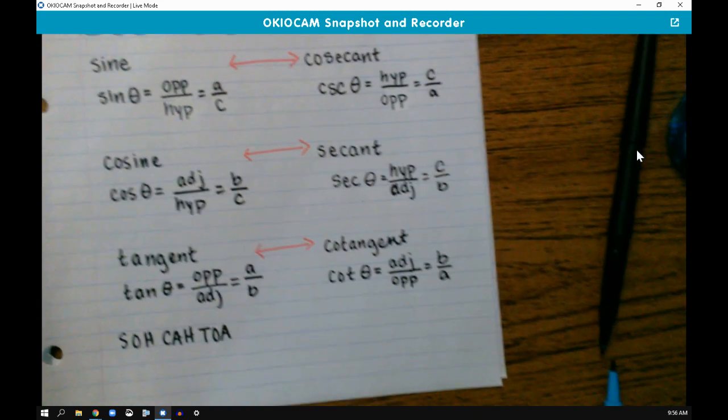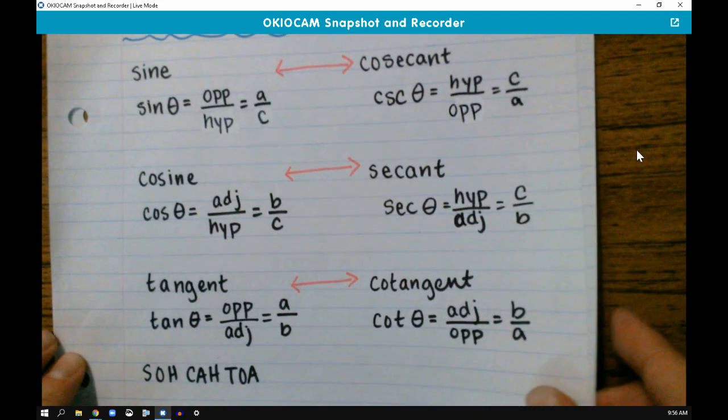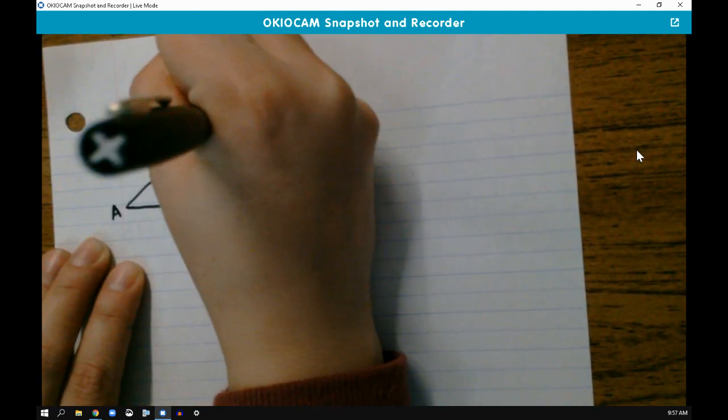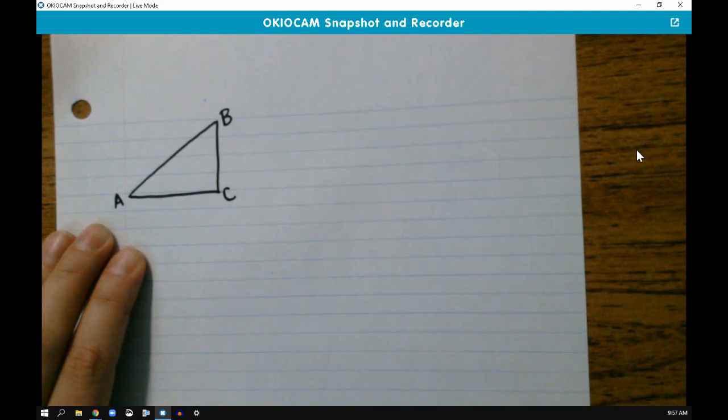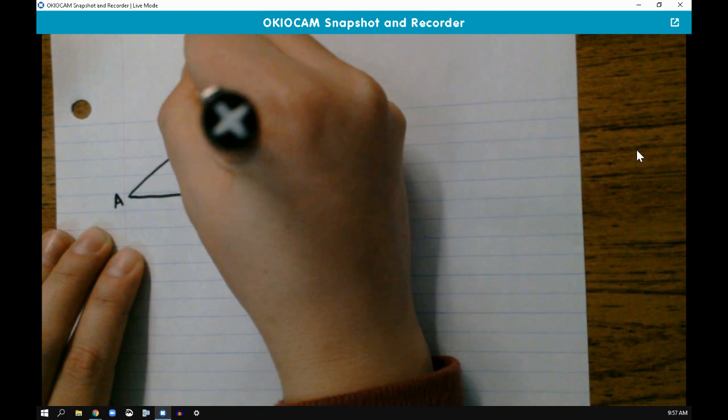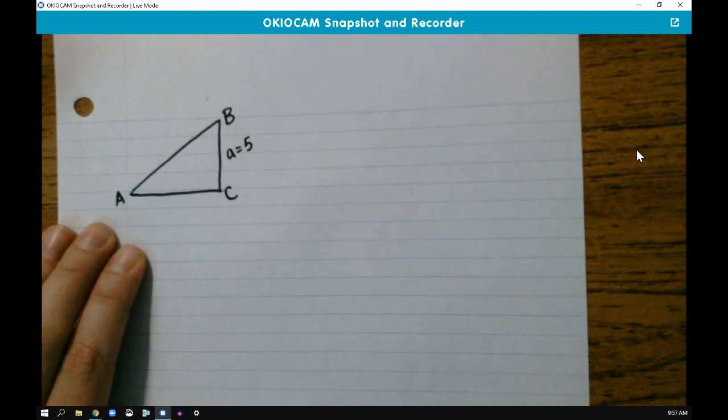Okay, so I'm going to go ahead and move this sheet of paper. We're going to do two full examples today. The first triangle that we are going to do, this right triangle, A, B, C, we are given that side length A is 5, and that side length B is 12.